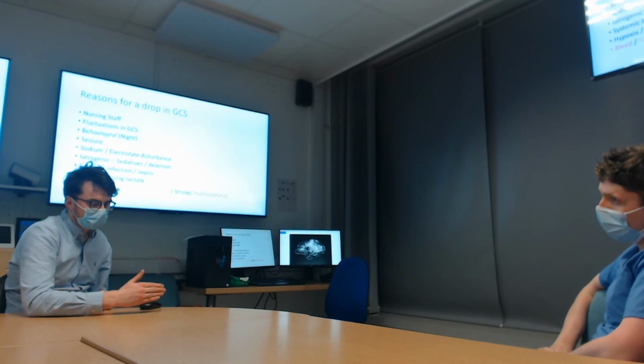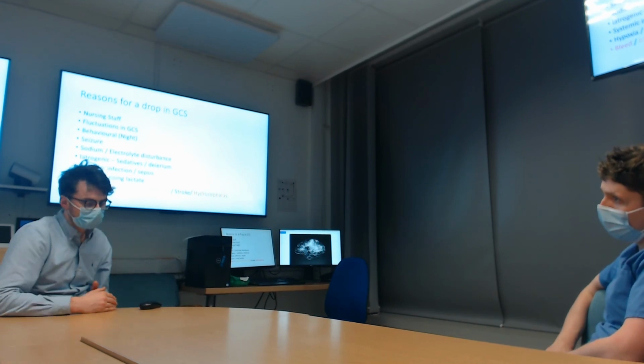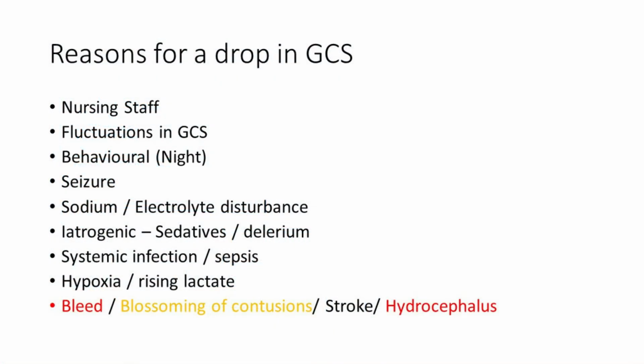So once you've done GCS, one of the most common things you get called for on the ward is a drop in GCS, because it's obviously done on every set of observations. Knowing a differential for what could have caused that is important, but I guess it's very dependent on the pathology they've got. Yeah, so some patients will naturally fluctuate, and you'll notice overnight some of them may drop a little bit, particularly if they're behavioural.